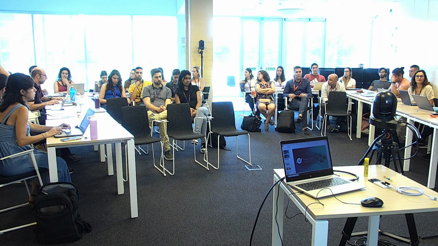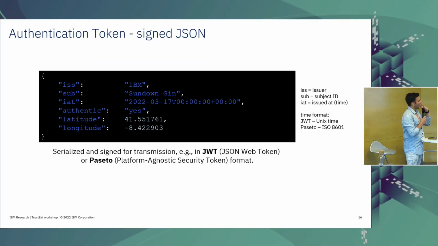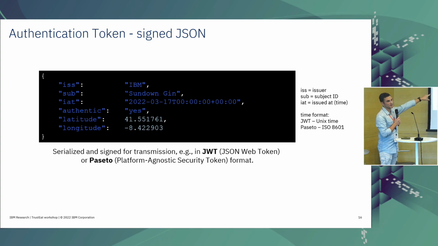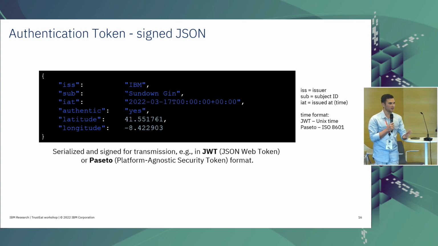So actually this is just an example. The actual fields that you need to have are the ones in blue. The latitude and the longitude are just additional info that you can give if you have a geolocation on your phone, but this is not required, okay?